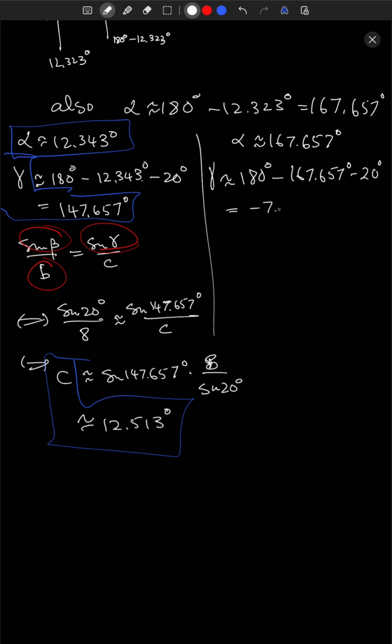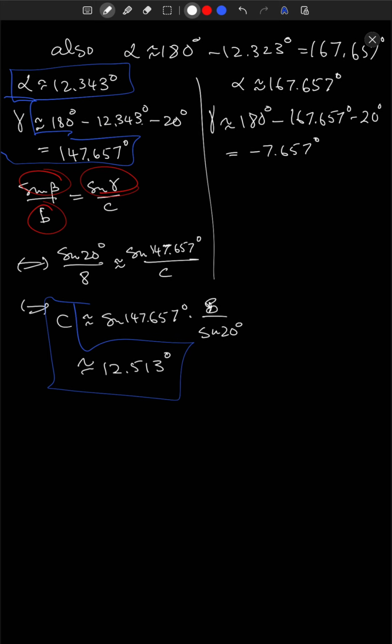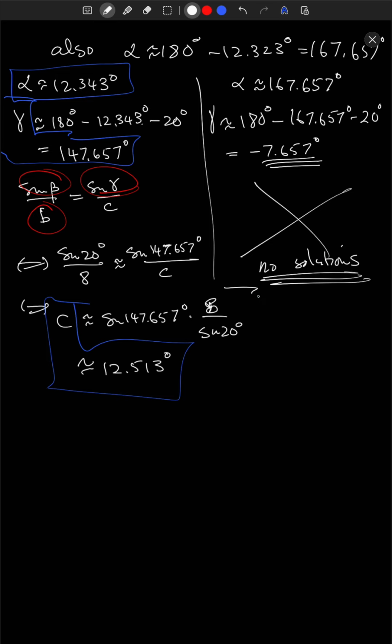We get minus 7.657 degrees. Okay. Problem, right? How can we have a negative angle? We're talking about actual physical triangles, and obviously a triangle can't have a negative angle. And so what that means is no solutions to this side of the board, or this side of the screen.